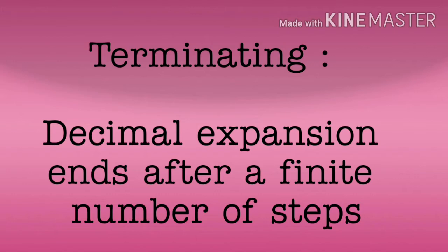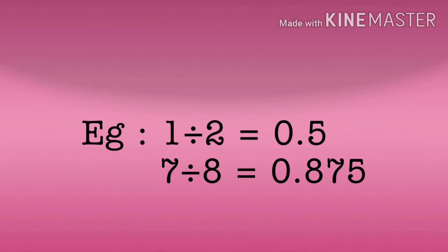Example, 1 divided by 2. If you are dividing 1 by 2, what will you get? You cannot divide 1 by 2 directly, so there you can use a decimal point. If you use the decimal point, then you will get a remainder.